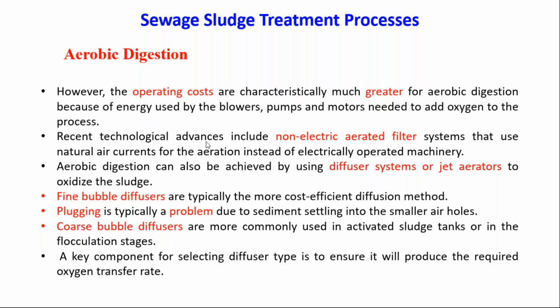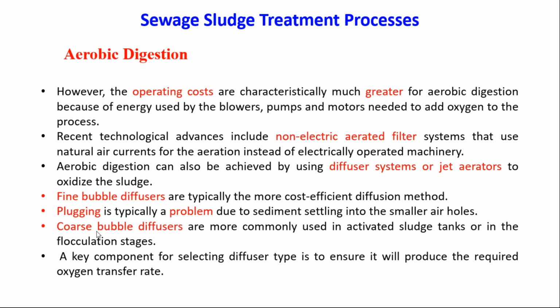Aerobic digestion can also be achieved by using diffuser systems or jet aerators to oxidize the sludge. Fine bubble diffusers are also a useful and cost-efficient technology for aerobic digestion. Plugging is one of the main problems in aerobic digestion.